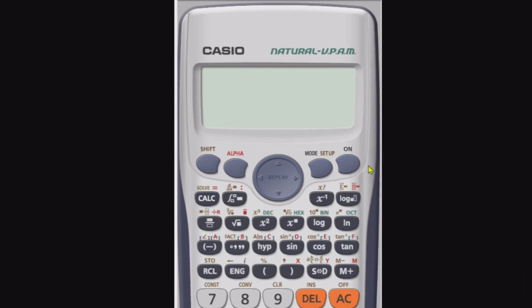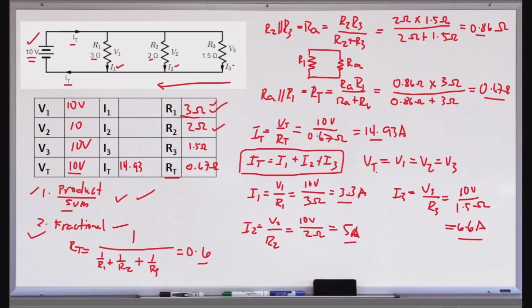Using our calculator, 3.3 plus 5 plus 6.6 will give us a sum of 14.9 amperes, which is similar to the computed value using this equation. So we found out that it is close to the computed value using this equation. We can now write down the remaining value in our chart.